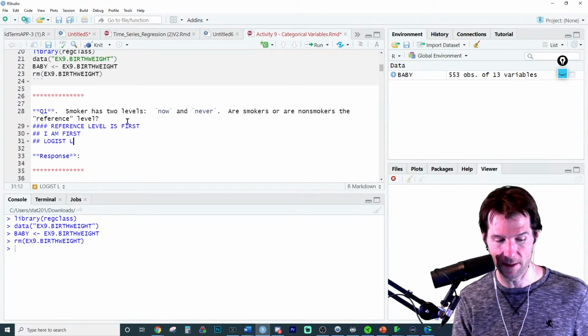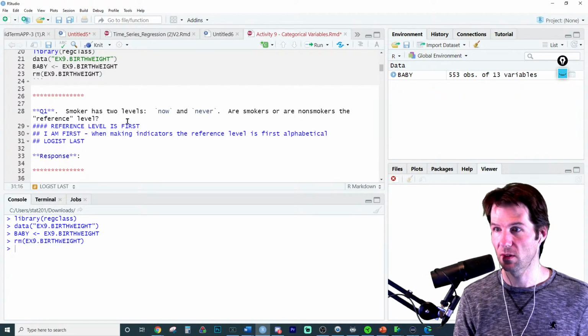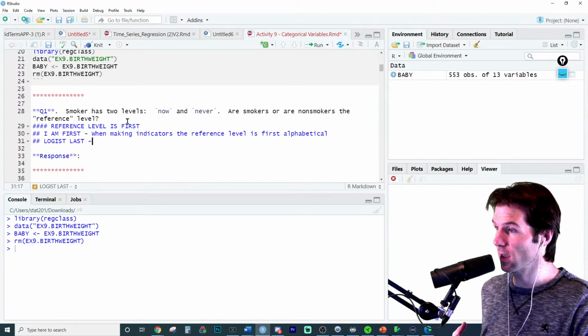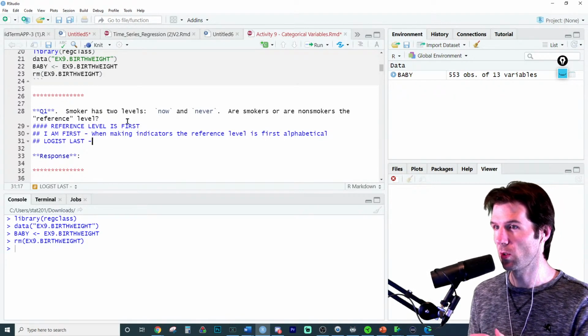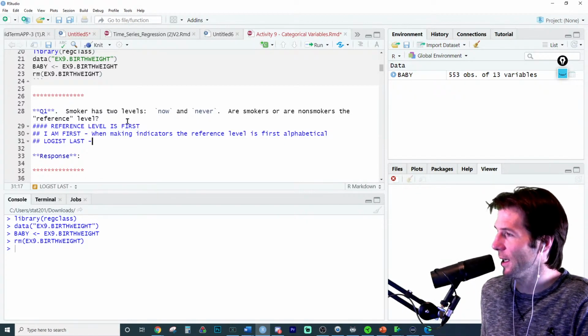Logistic last. Now, what does this all mean? When making indicators, the reference level is first alphabetical. So when you say I am first, in indicators, the reference level is the first level. So we'll look at that in a moment, and first alphabetical, it'll be never, I believe. We'll double check as we make our models.